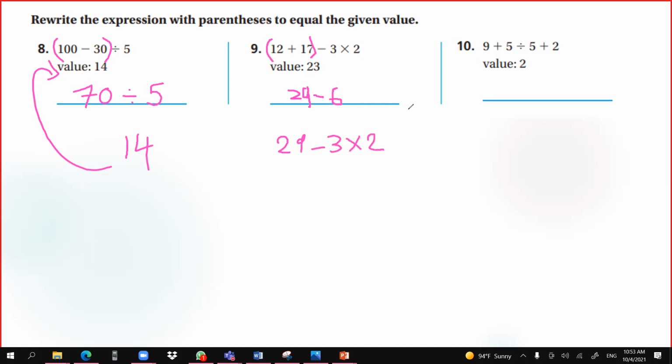Sarah first said that, she wants the parentheses here. So now I will get 29 minus 3 times 2. And when you have subtraction and multiplication, what do you have to do first?